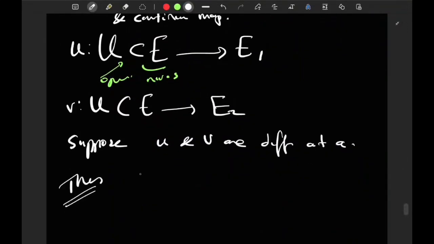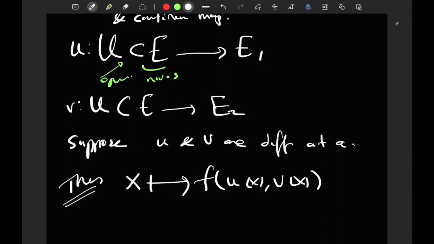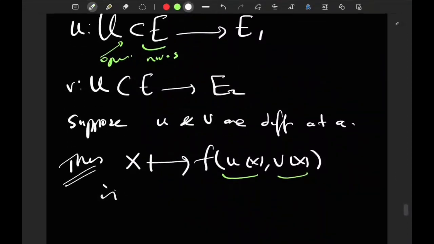Then the map which maps x to f of u of x, v of x, which is literally the map doing the product of u of x and v of x in our understanding, is differentiable at a.